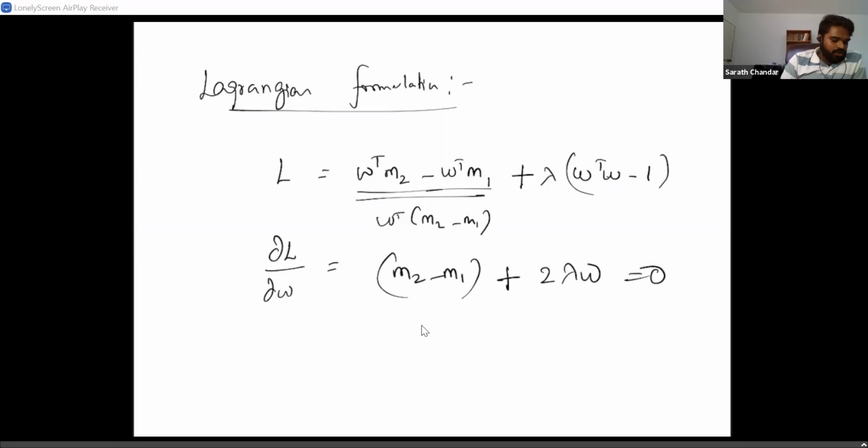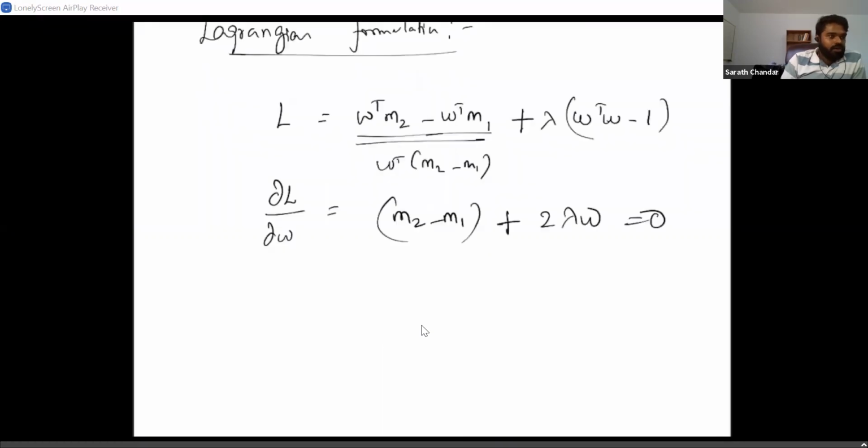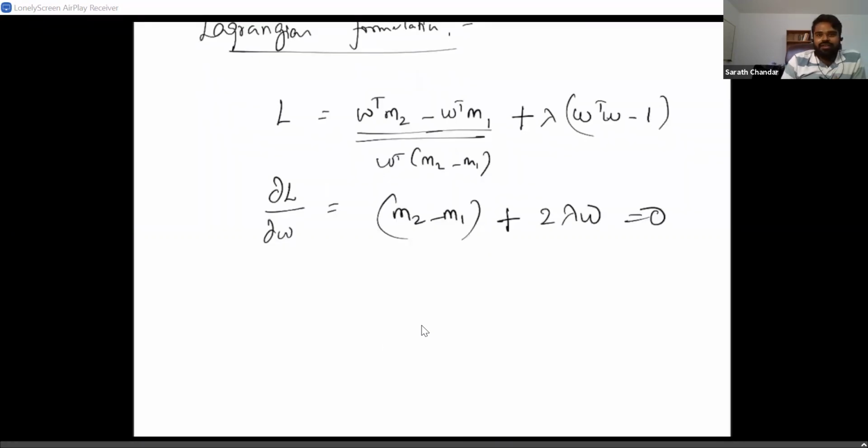Now I could rework this, transferring things between left and right, and I would get W equal to minus 1 by 2 lambda times (M2 minus M1). We care more about the direction than the magnitude, so all we need is the direction. So W is proportional to M2 minus M1.